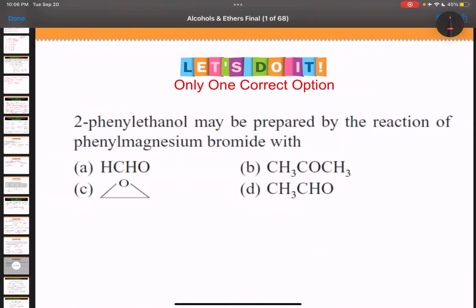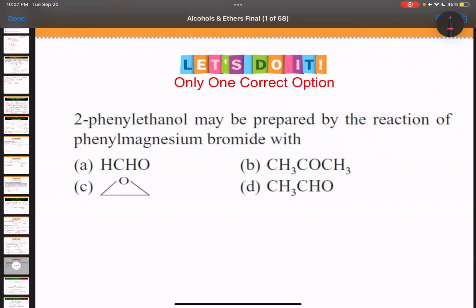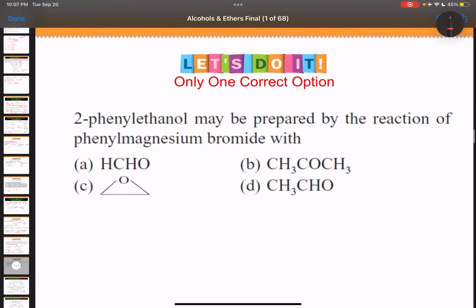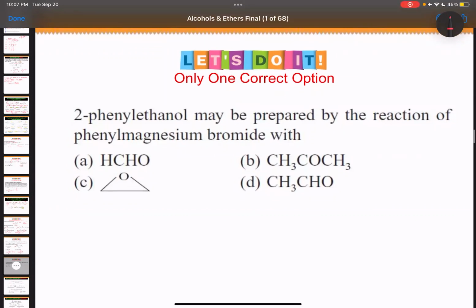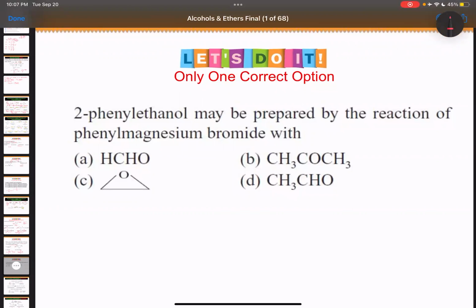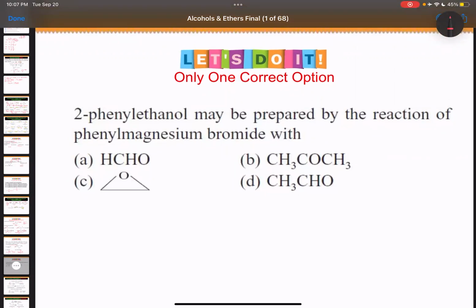What about this one? Sir, is it D, the fourth option? 2-phenylethanol can be prepared.